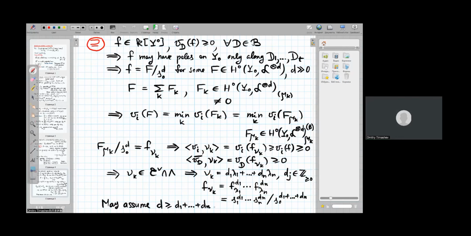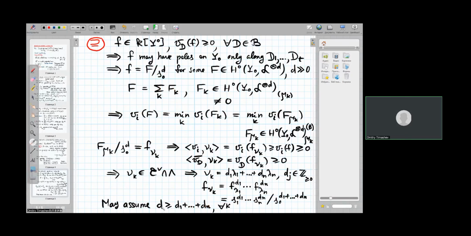Exactly, for all k. But there are finitely many of these k's because we are analyzing a given function f, and it decomposes as a sum of finitely many f k's. So everything is finite here, and since there are finitely many such sums, we can choose d to be greater or equal than each of these sums.